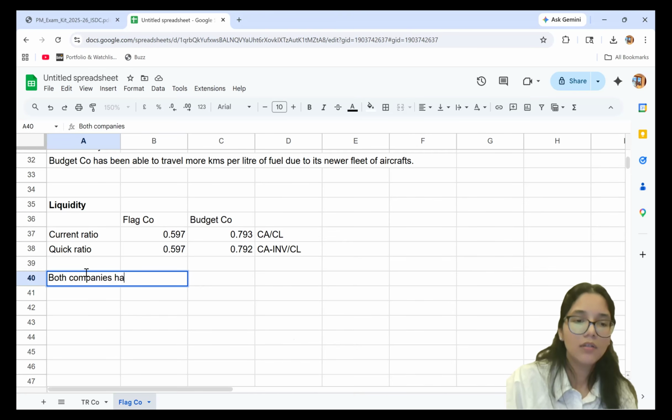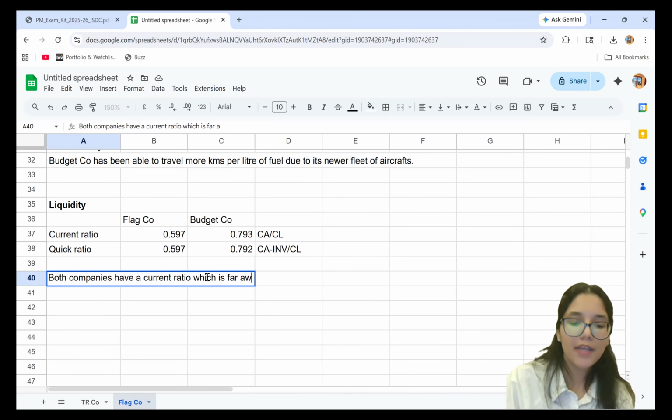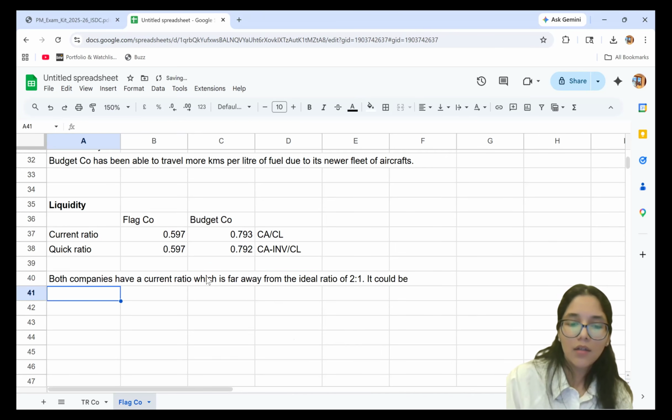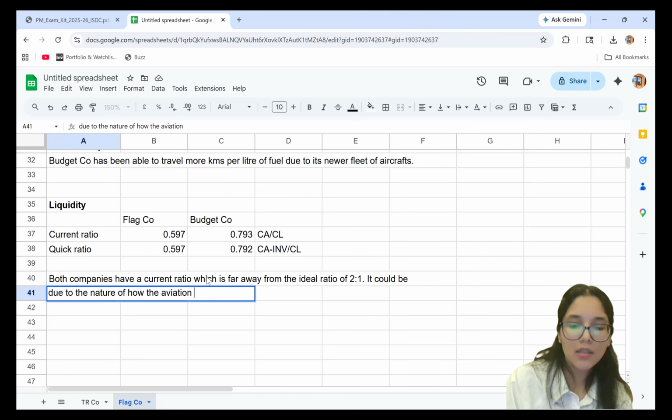both companies have a current ratio which is far away from the ideal ratio of 2:1. It could be due to the nature of how the aviation industry operates.